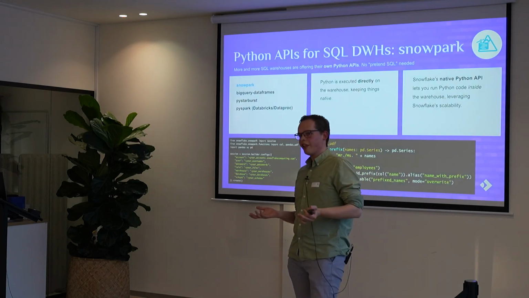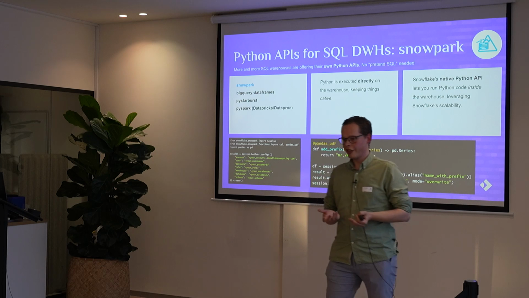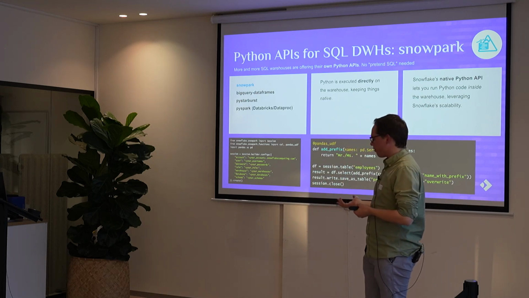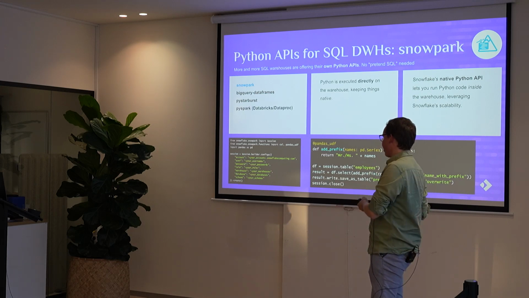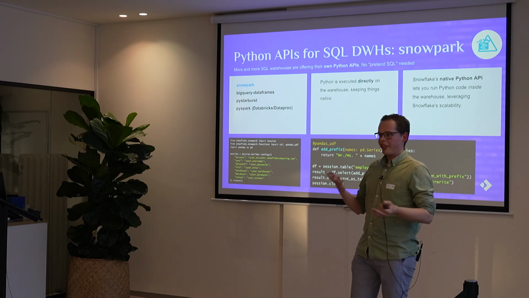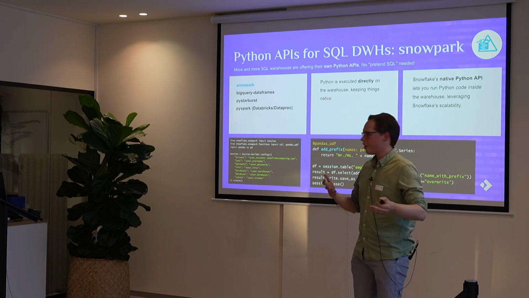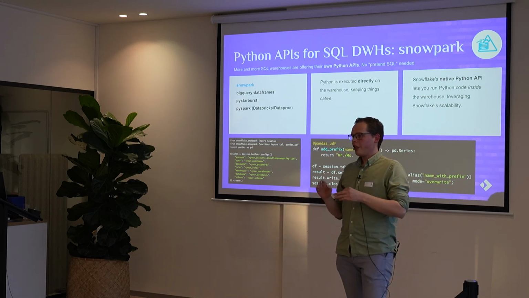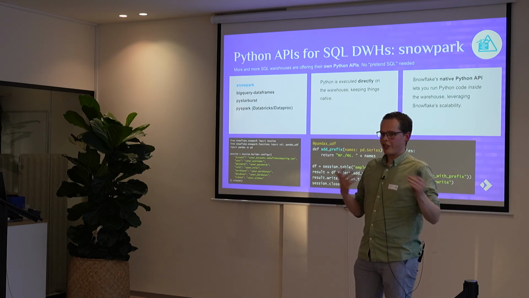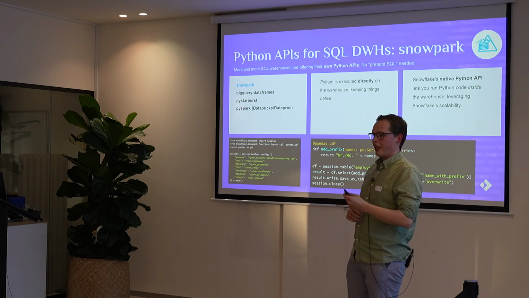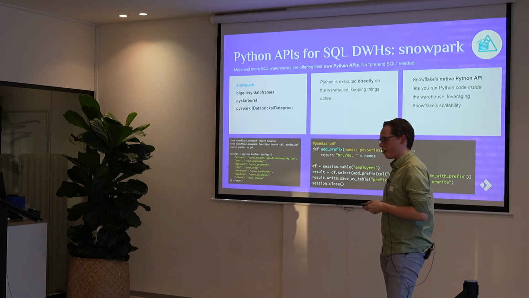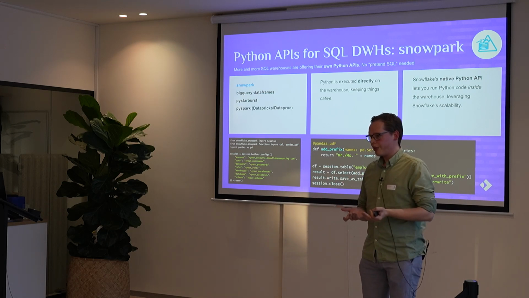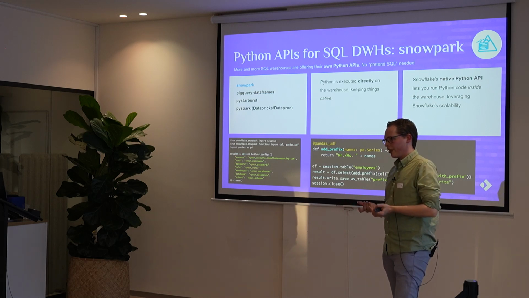So not only Snowpark, which is exclusively linked to Snowflake, of course, but also BigQuery has BigQuery DataFrames, Starburst has PyStarburst, and of course, for Databricks SQL warehouses, you can also still use PySpark. In this way, you don't have to pretend you're writing SQL, because you can just actually execute Python on your data warehouse itself. And that allows you to use the actual compute efficiently of your data warehouse.